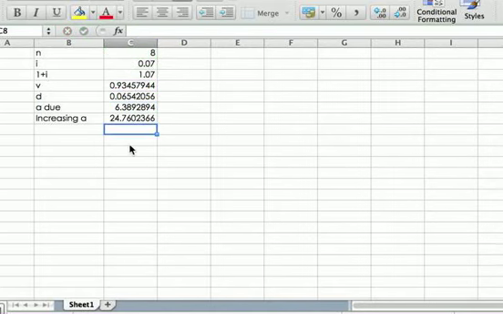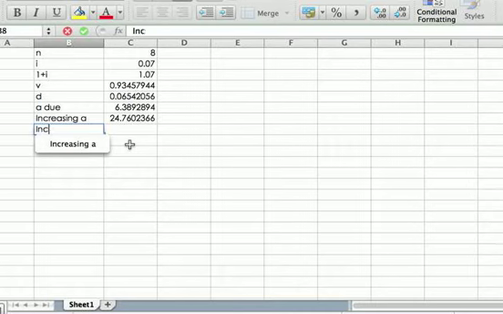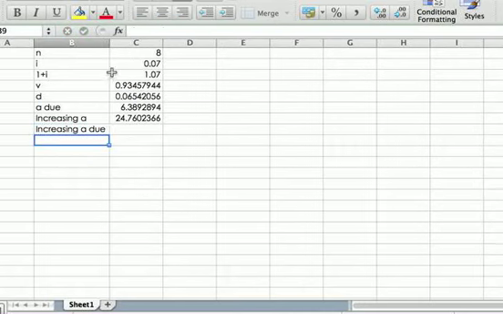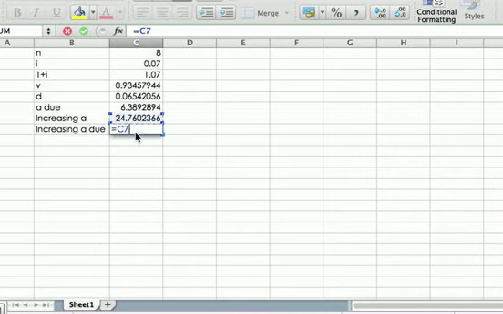So that is the increasing annuity, but the increasing annuity due is the increasing annuity multiplied by 1 plus the interest rate over here. So it's that bit over there.